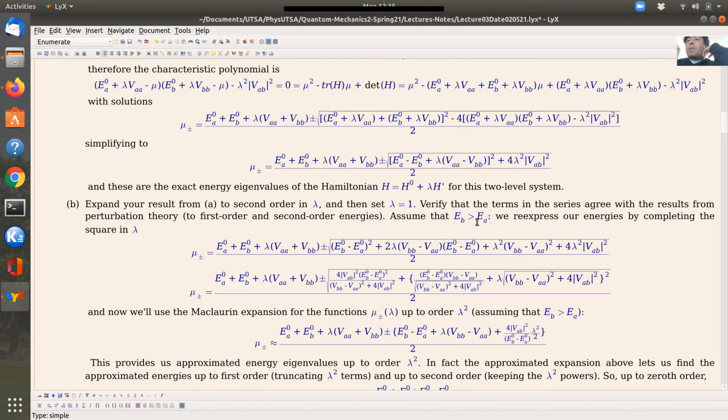And we're just going to assume that EB is greater than EA. And if we do that expansion, this term is actually quite nice, so we don't need to expand anything. It's the square root of these squares that we need to study and to expand.